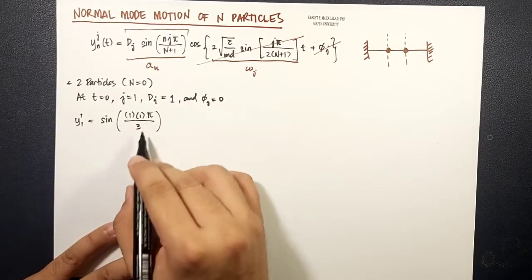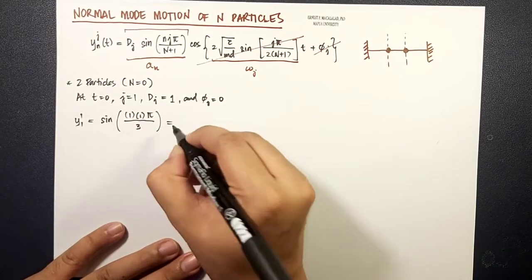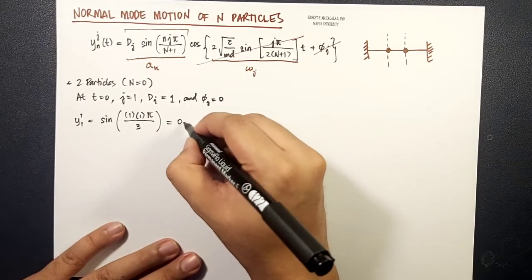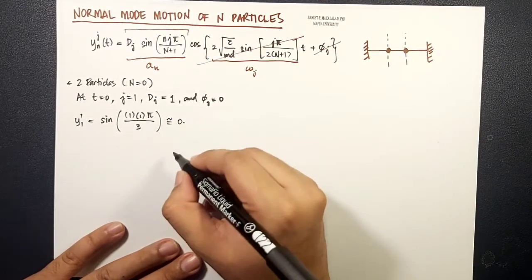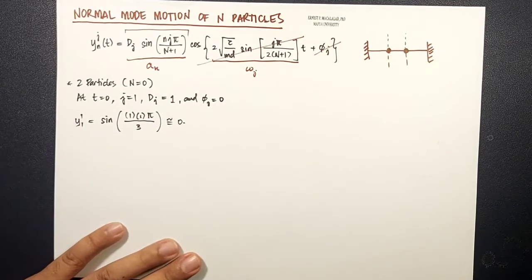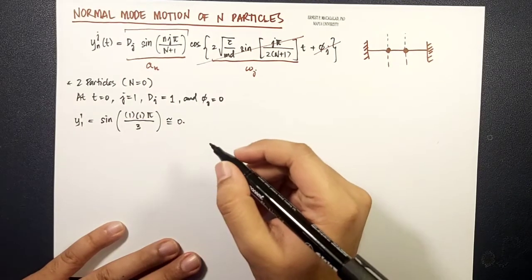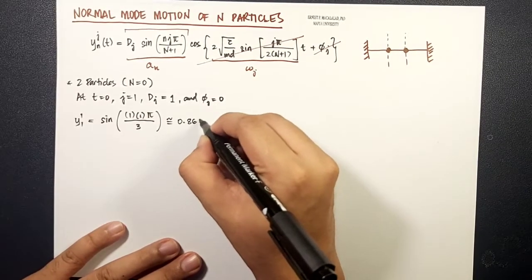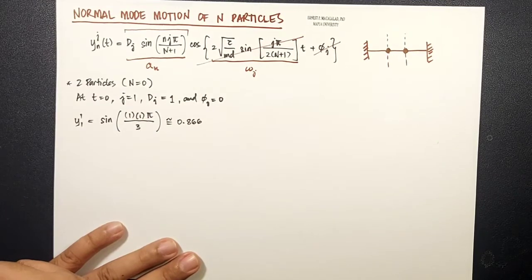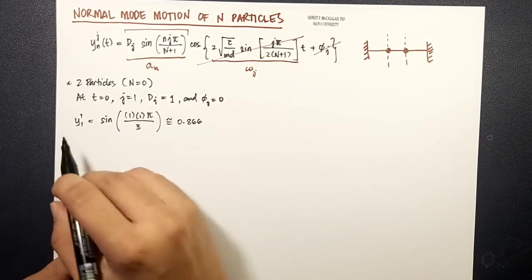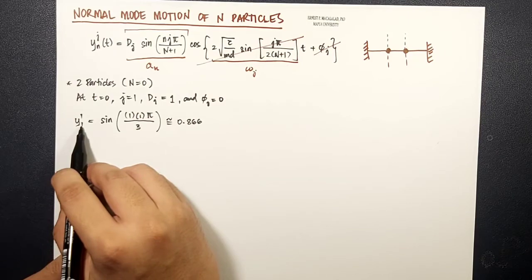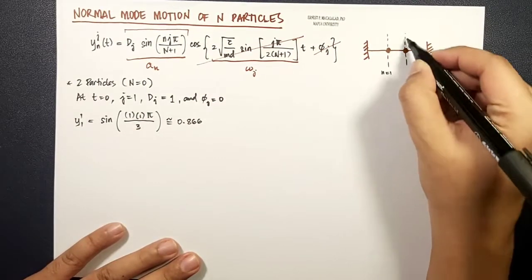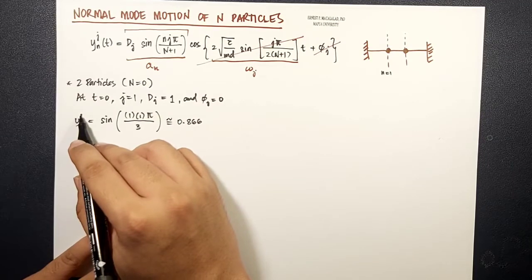So that's sine pi over 3, which is approximately equal to, that's square root of 3 over 2, no? Anyway, this is approximately 0.866. Again, this is n equal to 1 and j equal to 1, the first mode.